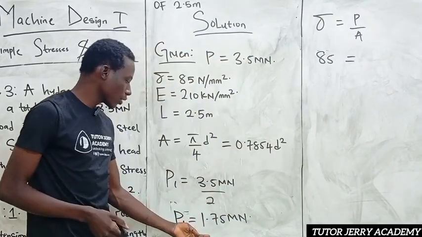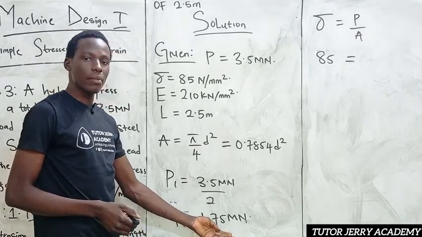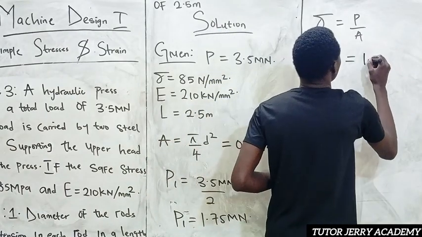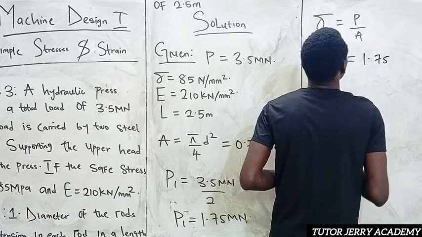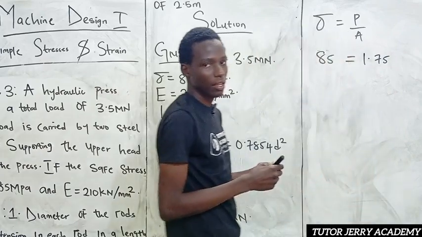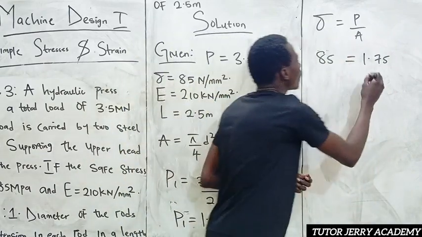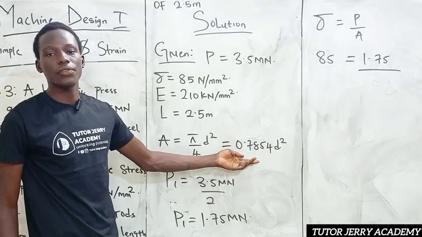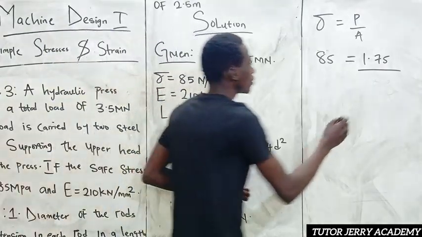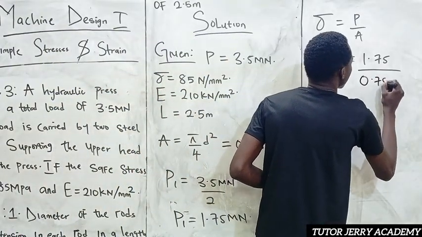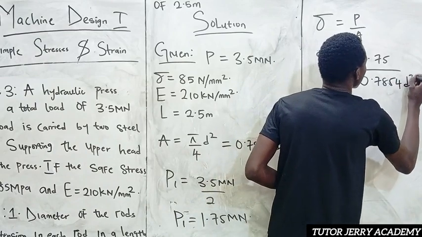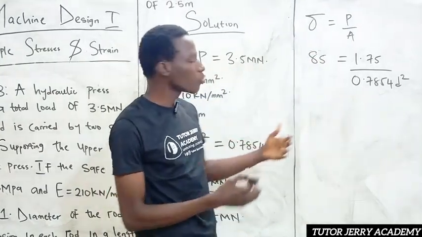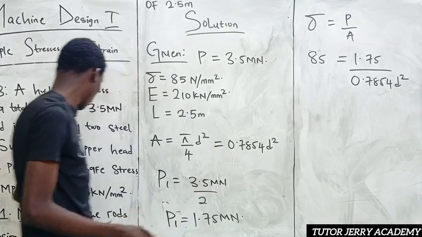And of course, we have calculated our load to be 1.75 meganewton, which is the same thing as 1.75 newton per millimeter square if converted, all over our area, which is 0.7854 d squared. So all we just have to do is to find the value for d, which will be our diameter of the rod.